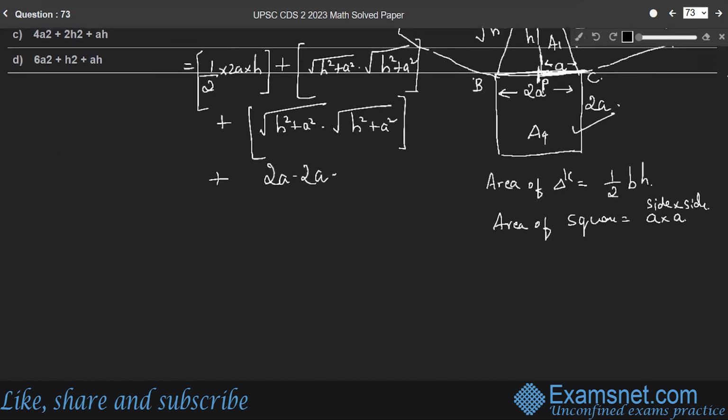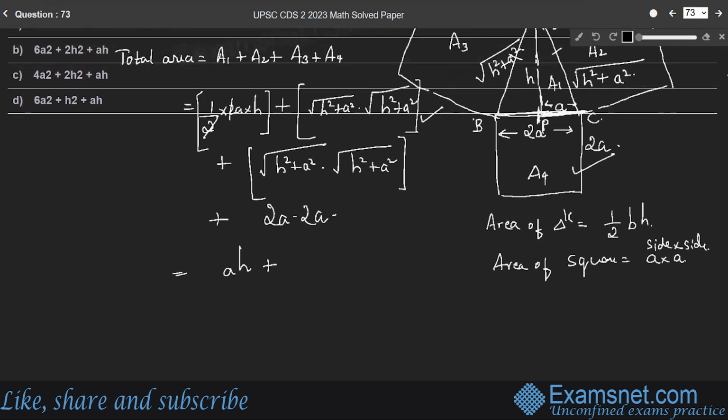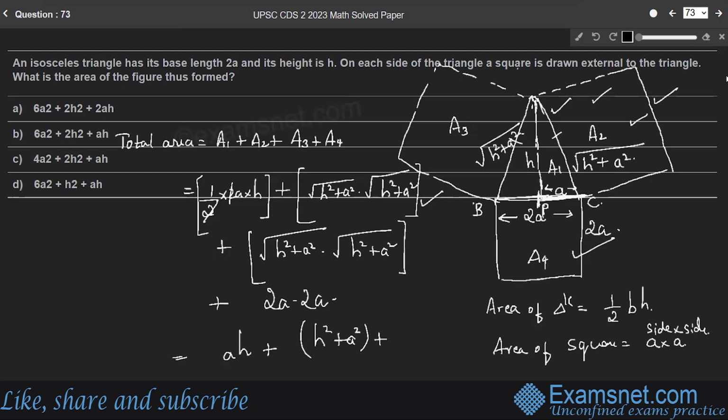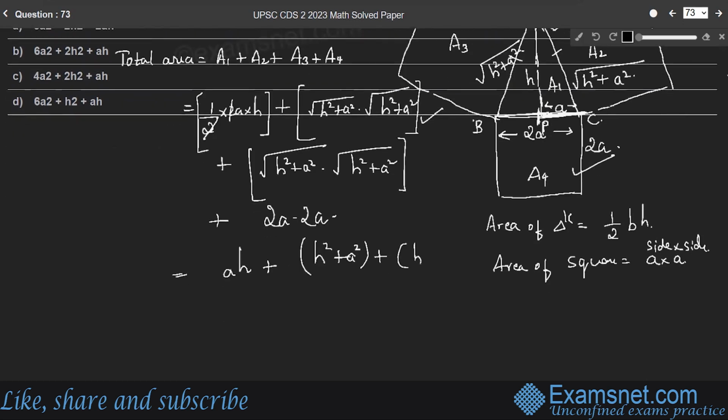Right? Therefore, simplify it. In the area of the triangle, the 2 and 2 get cancelled, so we have a into h. In the area of the square, root of h square plus a square into the same number gives h square plus a square. The area of the other square is also the same, h square plus a square. And the area of the last square A4 becomes 2a into 2a, which is 4a square.